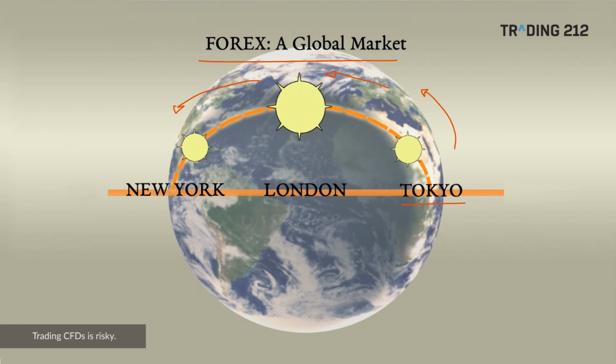During European trading hours, volumes will pick up in places like Frankfurt and London. And then later on in the day, trading will shift to New York, before shifting once again back to Sydney and then on to Tokyo for the new trading day.